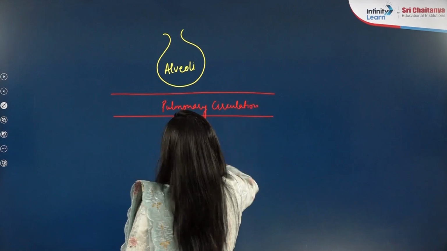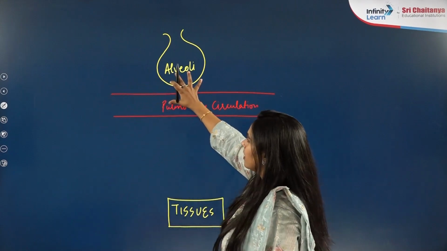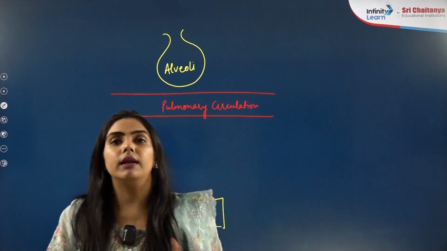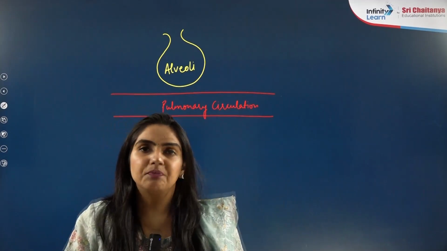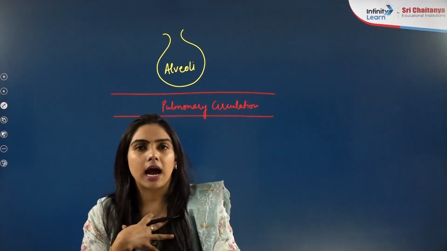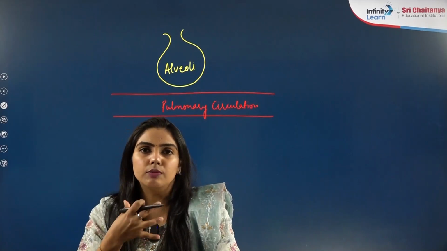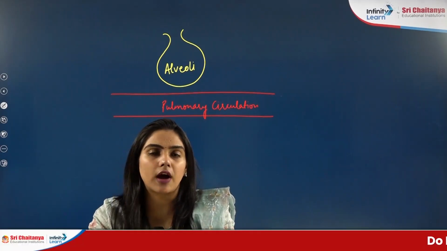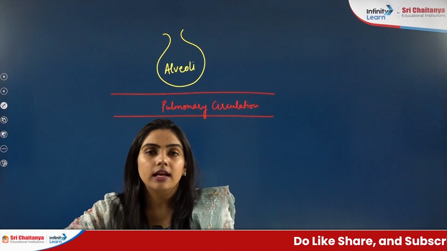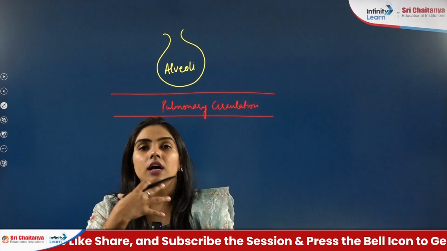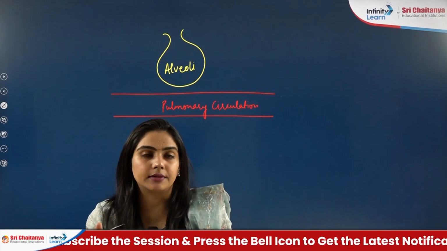Do you know from where the blood is coming into the alveoli and which type of blood is coming into the alveoli? So, see, in our heart, blood is coming and our heart is pumping that blood. You must have studied it in the structure of the heart and in the cardiac cycle, which type of blood is coming in which chamber of the heart, right?